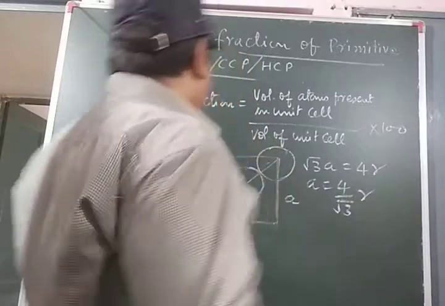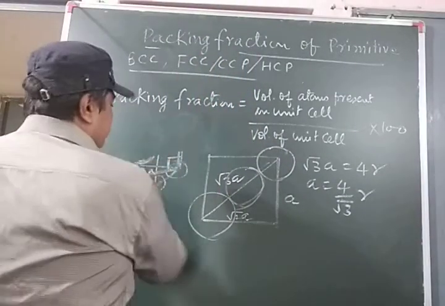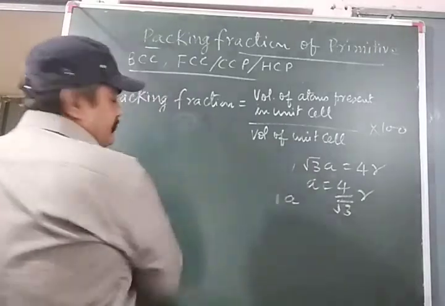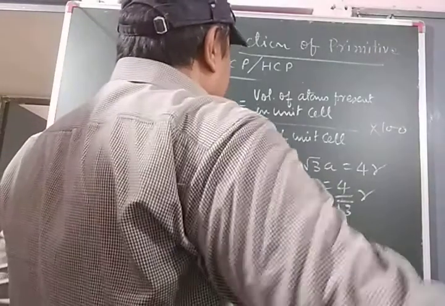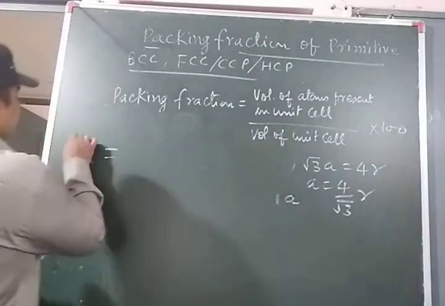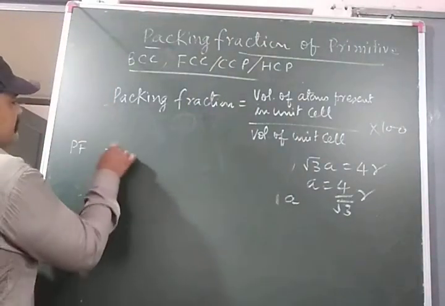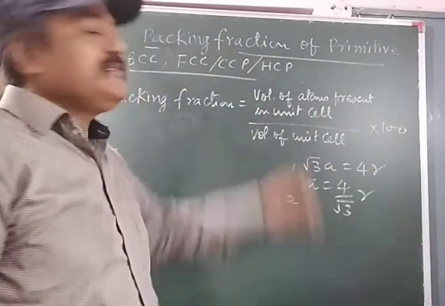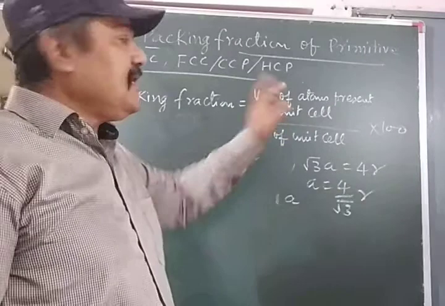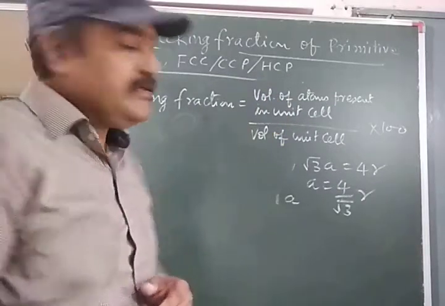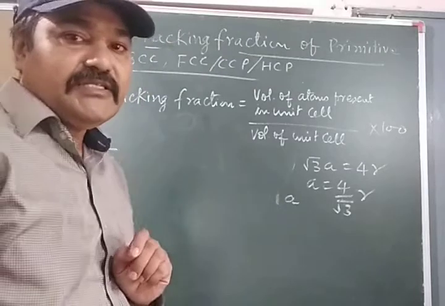Now look, the packing fraction is equal to the volume of the atoms present in the unit cell. There are 2 atoms present in the BCC unit cell because the value of Z is 2.